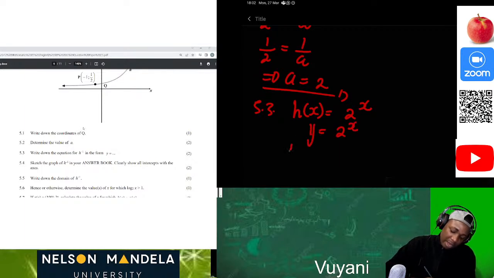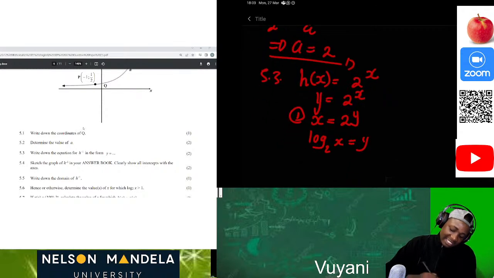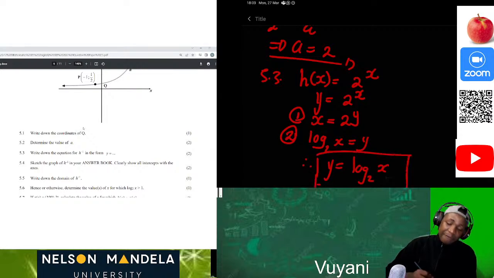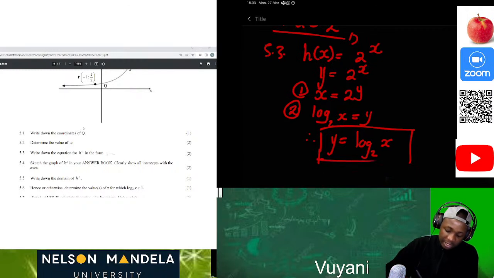So step number 1, in order for you to determine the inverse function, you swap x and y, then you solve for y. Therefore y equal to log base 2 of x. This is the inverse function of h of x.